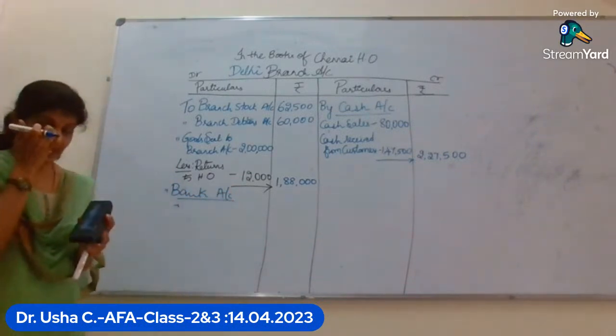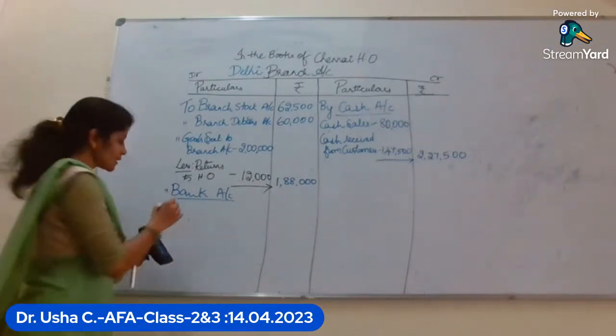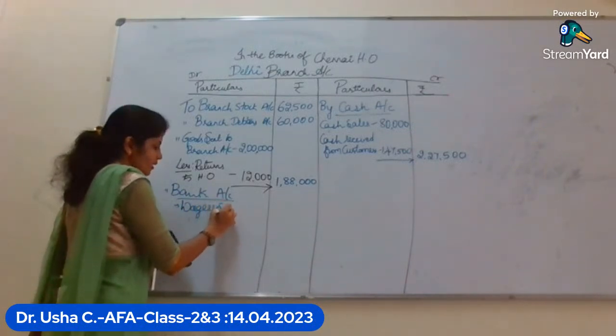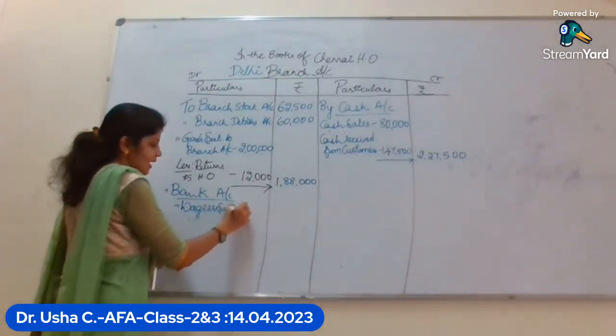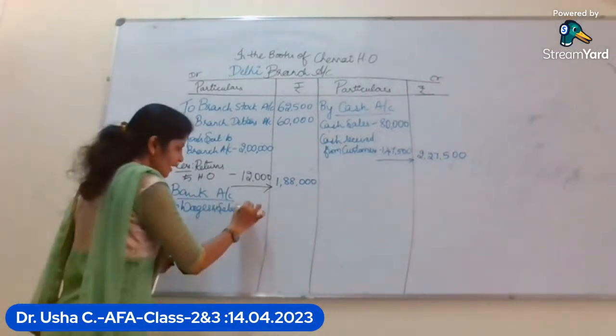This check has been sent to the bank for meeting some expenditure. What expenditure? That is wages and salaries. What is the amount of wages and salaries? 55,000.